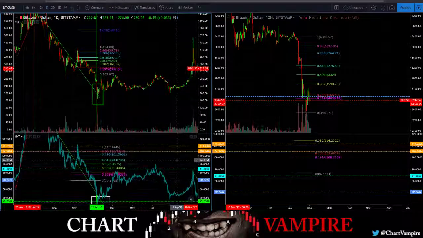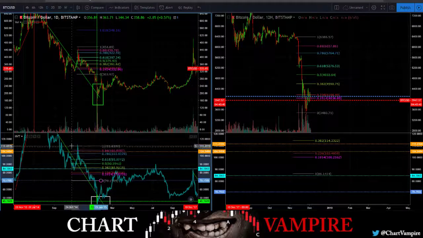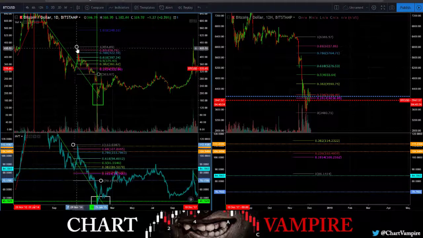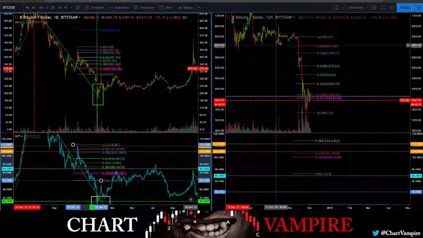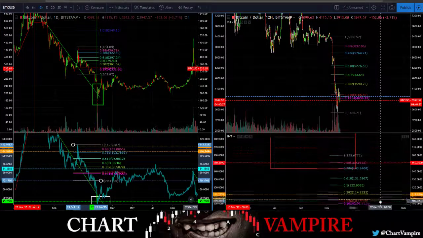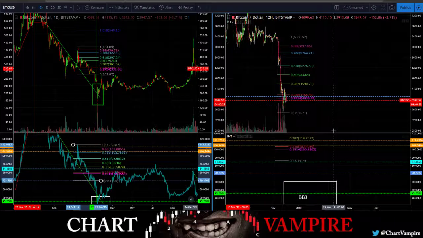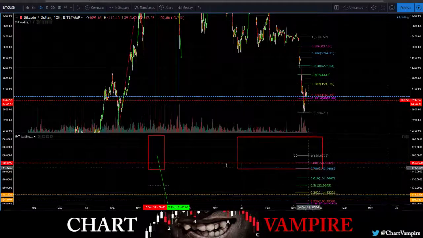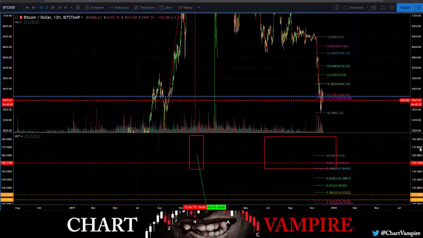So what I want to look at is, I don't like this. I'm going to go all the way up there. So you see how this one started way up here at the peak right there? And where'd it go? Where'd my NVT chart go? How did I just lose my NVT chart on this?